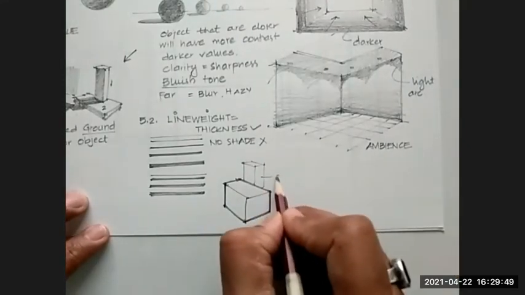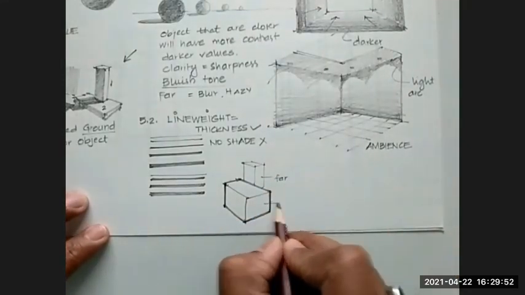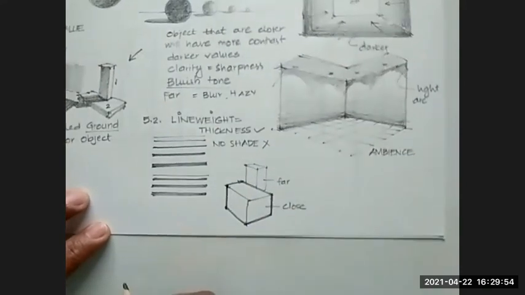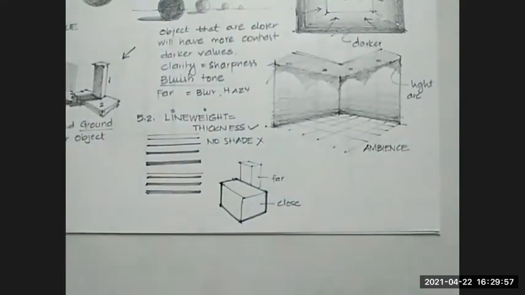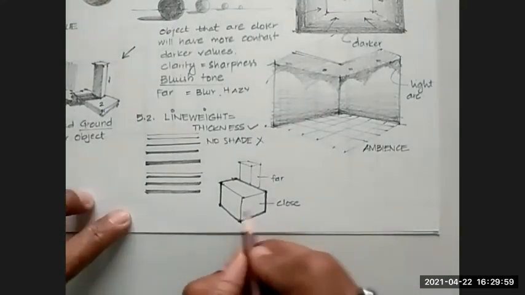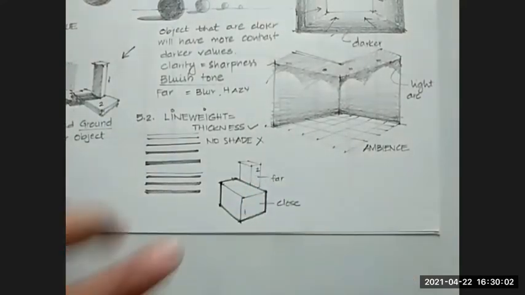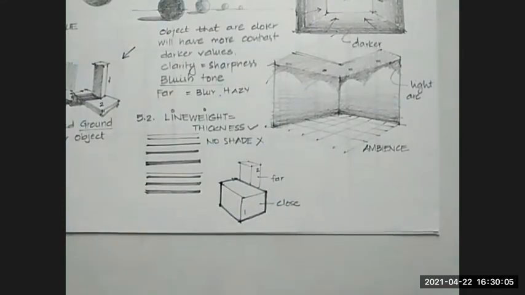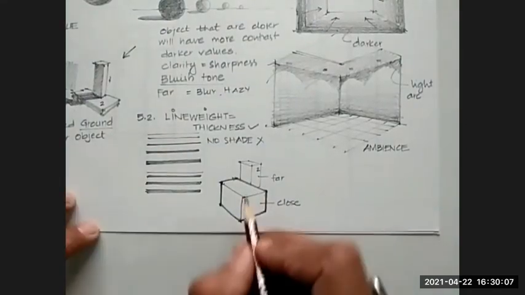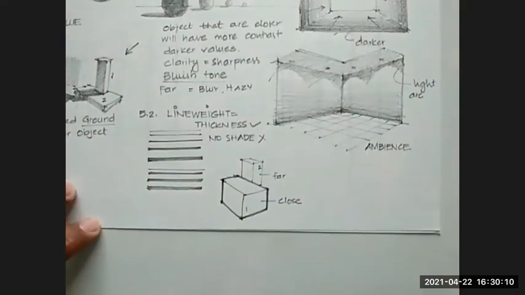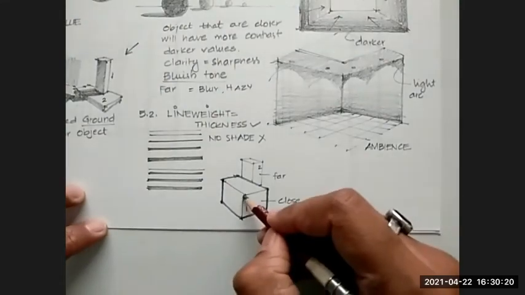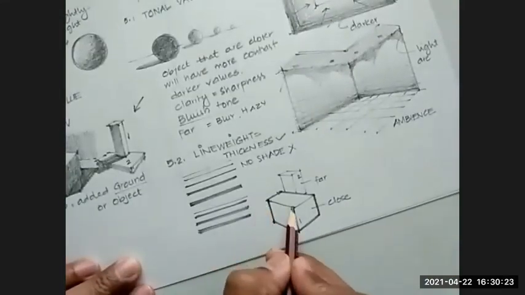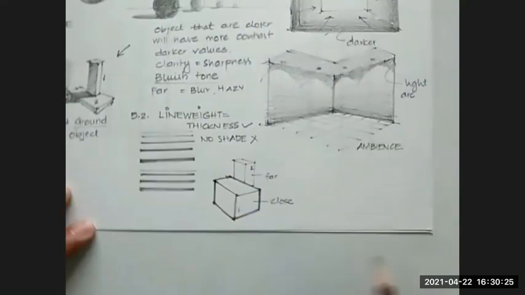Now this definitely looks farther than this. It was appearing far, or at least distant from object 1, by sheer size of the object, because I have reduced the size. I've also created some gap here. So the way I drew it using the overlapping method, I could communicate some depth, but the focus has increased and has come to this particular object because I added a thicker line weight.